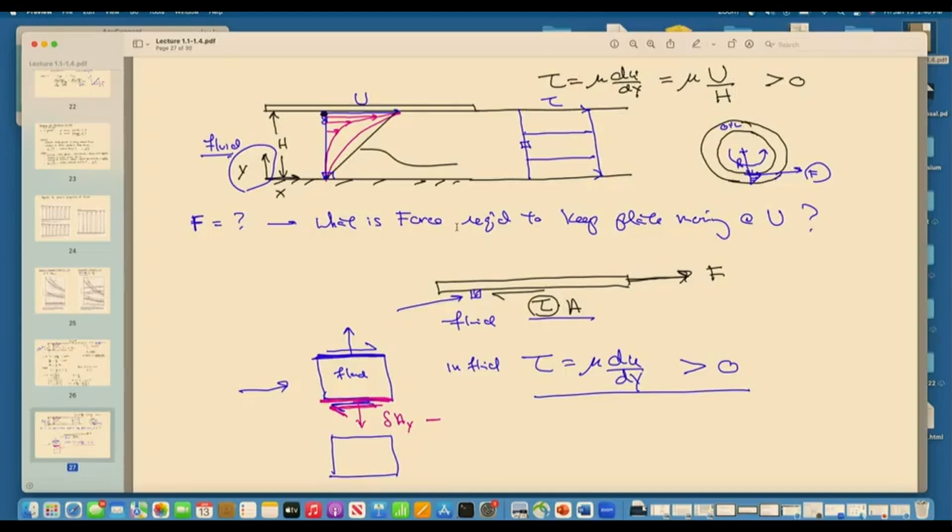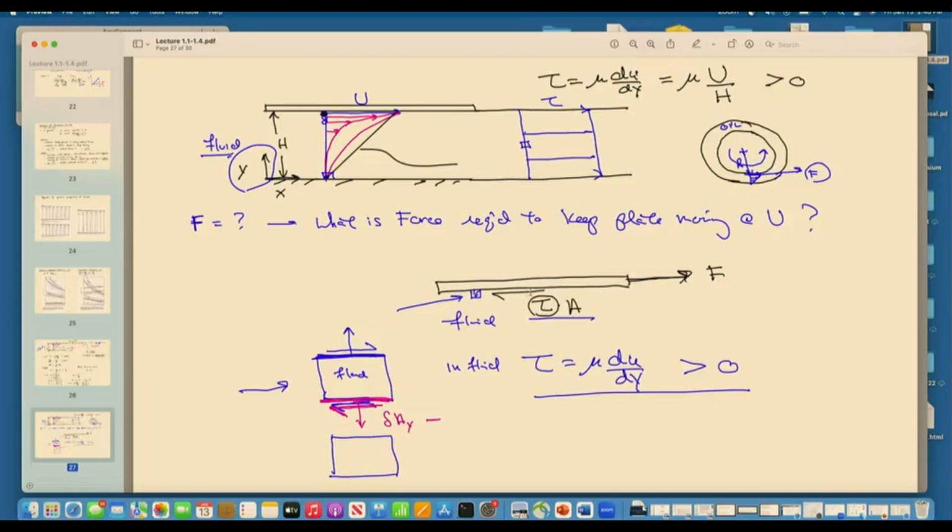At the same time, because of Newton's second law, the fluid feels an equal and opposite shear force. The moving plate is going to move the fluid to the right, so the fluid, my right hand, feels a tangential force to the right.